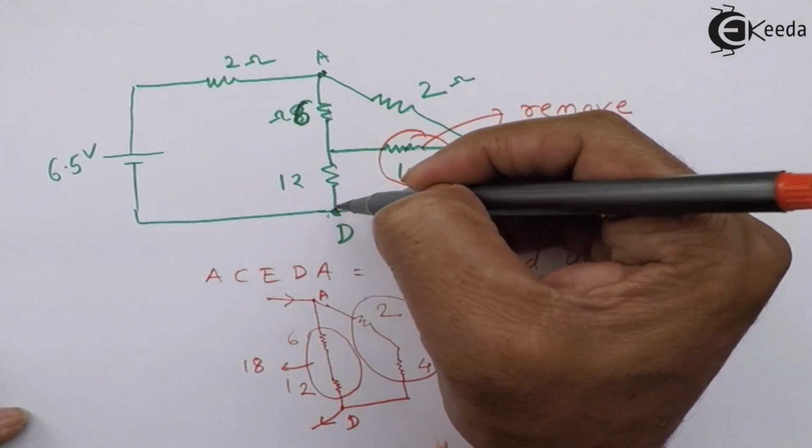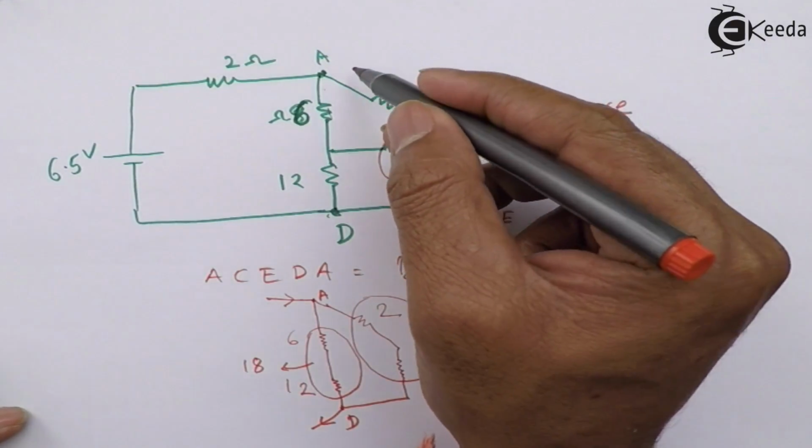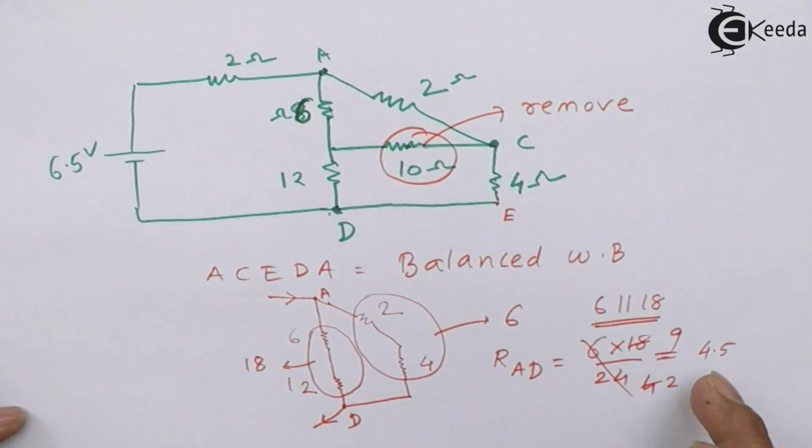So I'll remove this and connect an equivalent resistance of 4.5. I will draw this diagram again.